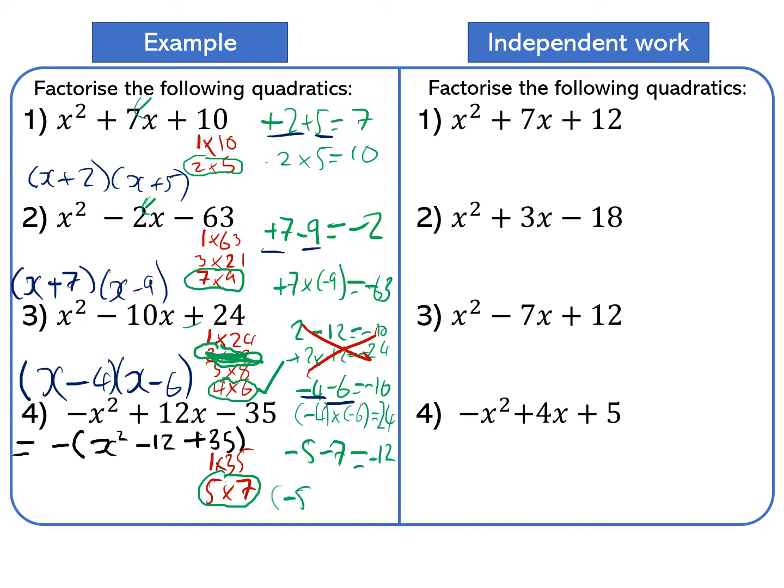Minus 5 times minus 7, a negative and a negative give me a positive, so that's plus 35. Okay, so that checks out. So now I can put that into my bracket. I've got x minus 5 and x minus 7.